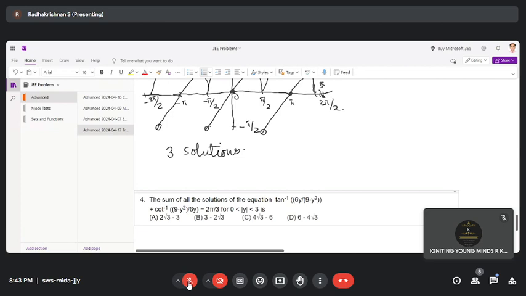So we use the reciprocal identity: tan inverse of 6y by 9 minus y square is given, and cot inverse of its reciprocal is given. So you use the reciprocal identity here and you can easily solve this. I'm going to let you solve it, okay? Whoever is in the class, please solve it.